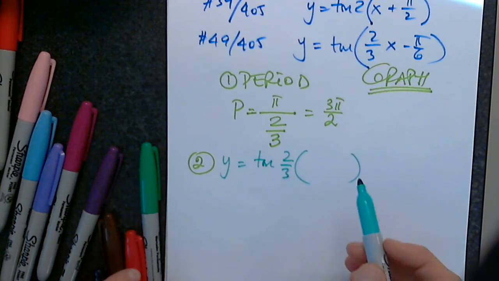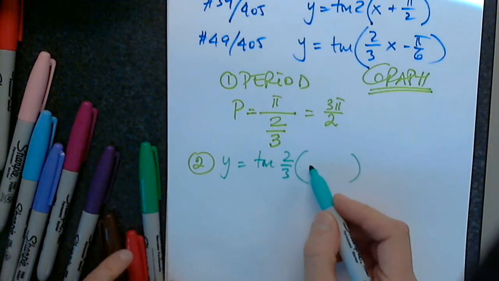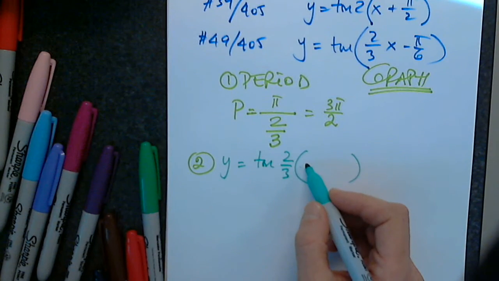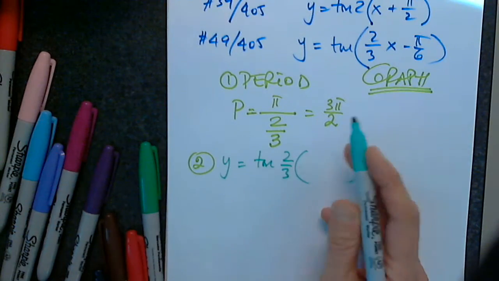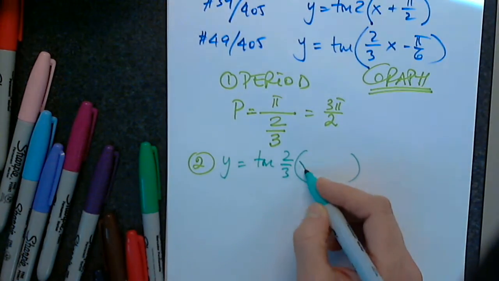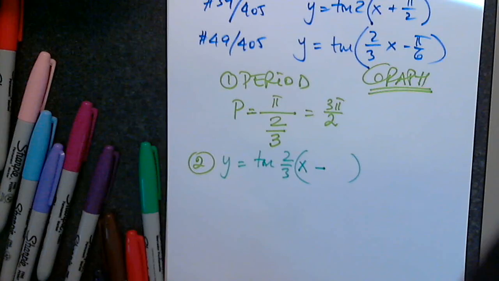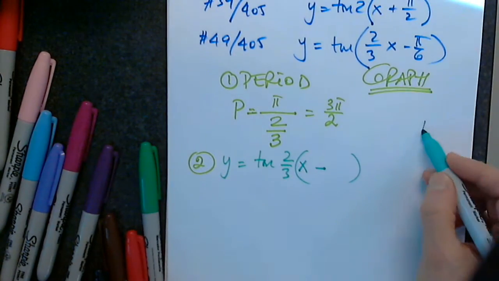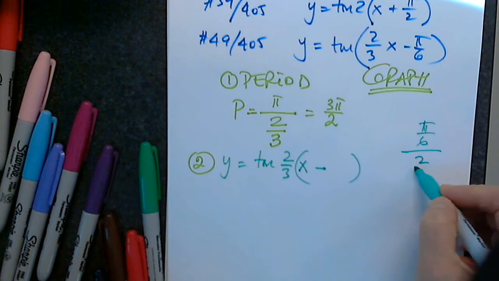So 2/3 times what will be 2/3 x? That's why I pulled out the 2/3. So what is left? x minus 5/4. So I have pi over 6 divided by 2 over 3. Pi over 6 divided by 2/3.